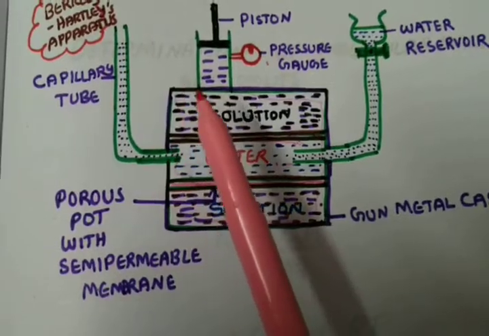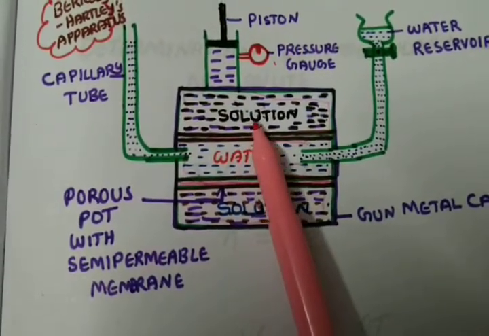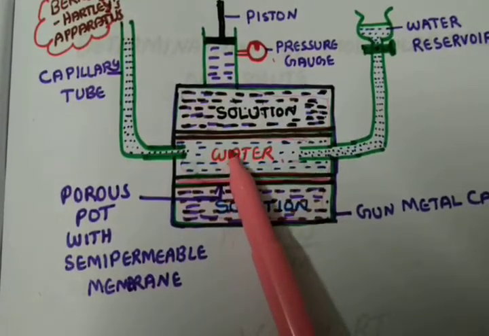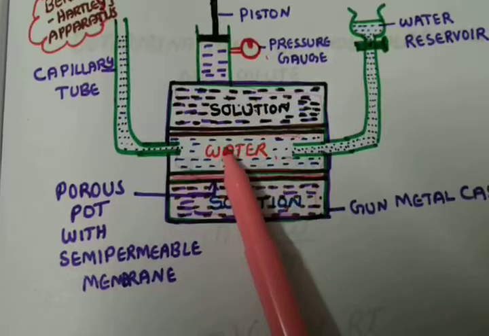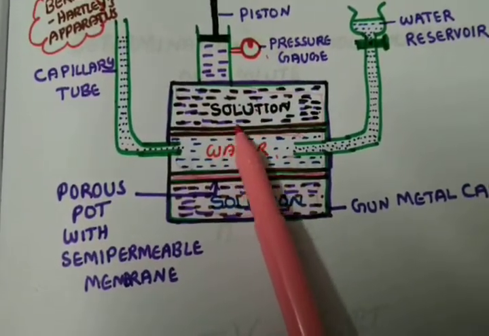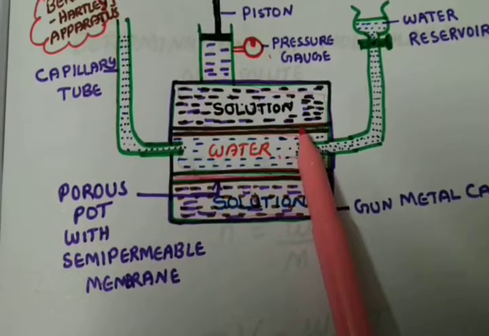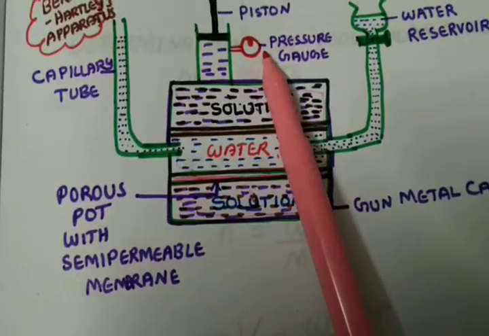The pressure applied to the solution, which just prevents the flow of solvent to solution through the semi-permeable copper ferrocyanide membrane, is noted by the pressure gauge.